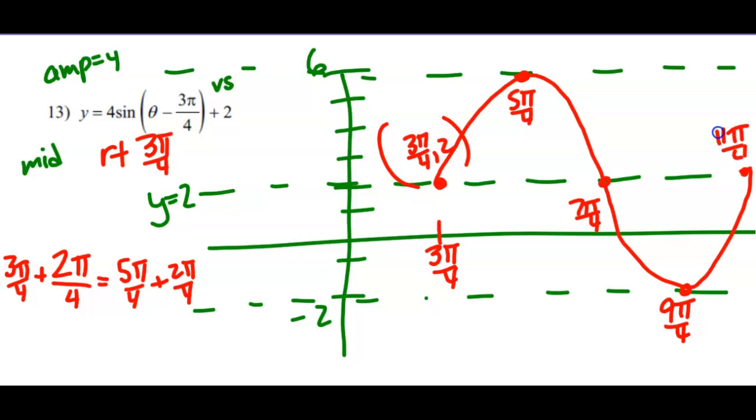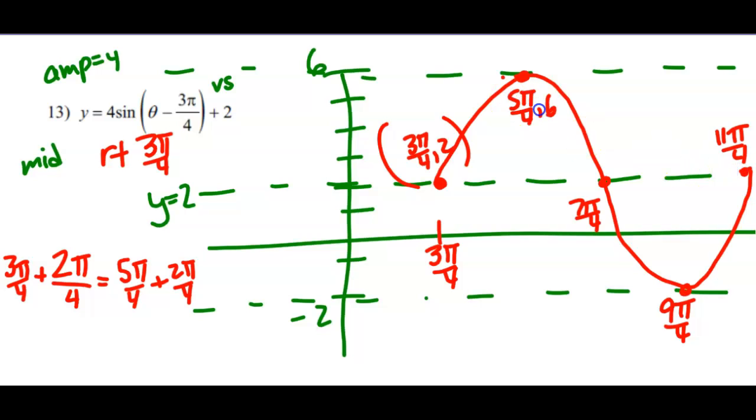Now, I just want to show you that if you take 11 and subtract off 3, that is a distance of 8 pi over 4s, and 8 pi over 4s is 2 pi. So this, from the start to the finish, is a length of 2 pi.